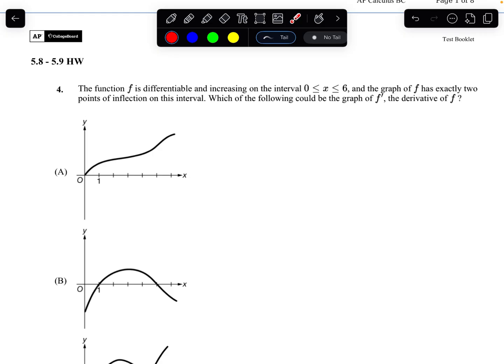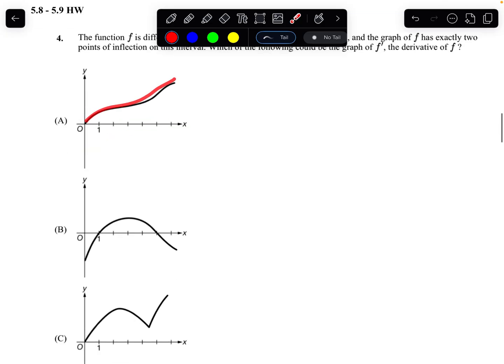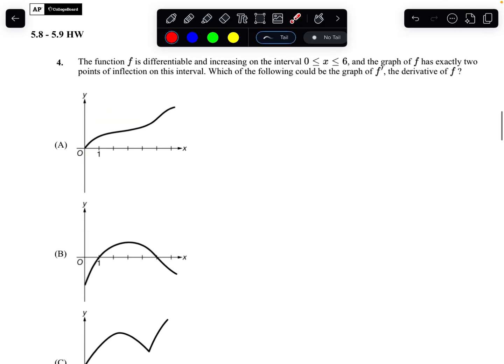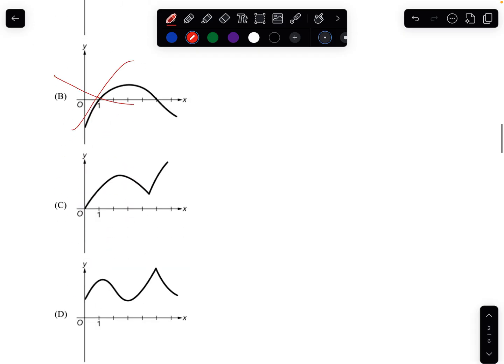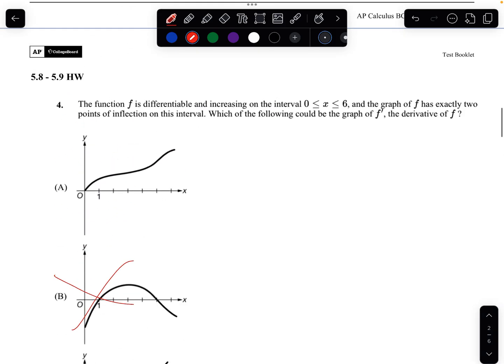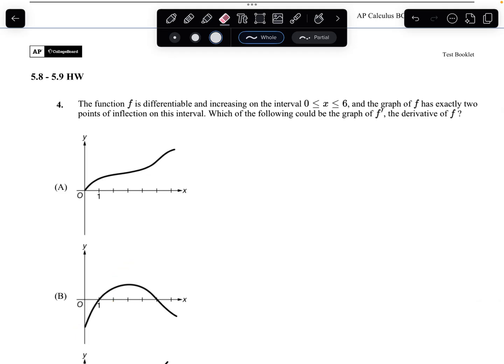So if I look at this one's always increasing. It can't be b. Wait a minute. 1, 2, 3, 4, 5, 6. So it can't be b because we're decreasing right here. So I know it's not going to be that one. Oh, wait a minute. Which of them could be the graph of f prime? Sorry, I thought these were the graph of f. So that's different. Which of these could be the graph of f prime?